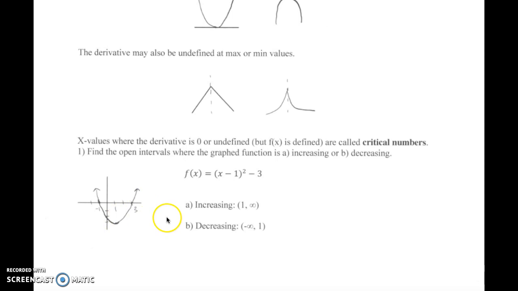This function around the vertex is going to be increasing from 1 all the way to infinity, but not inclusive, because at 1 we have that horizontal line. We have that minimum. And it's going to be decreasing from -infinity all the way to that x value of 1. So our increasing and decreasing values are based off of our x values.